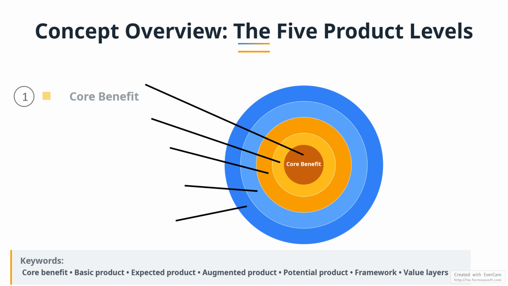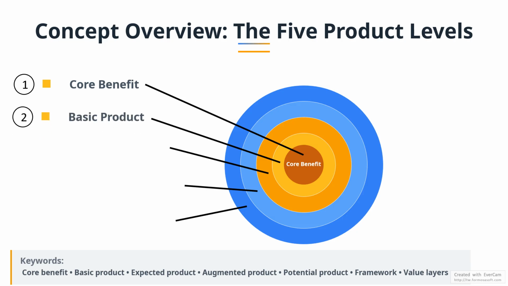According to Philip Kotler, every product has 5 labels, from the most basic benefit to its future potential. Let's see this figure. The first one is core benefit. Core benefit is what the customer really wants. Second, basic product, the physical item.